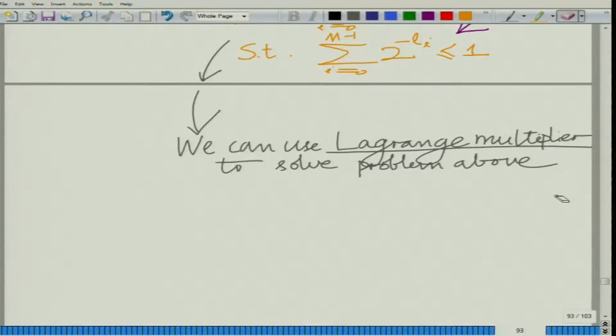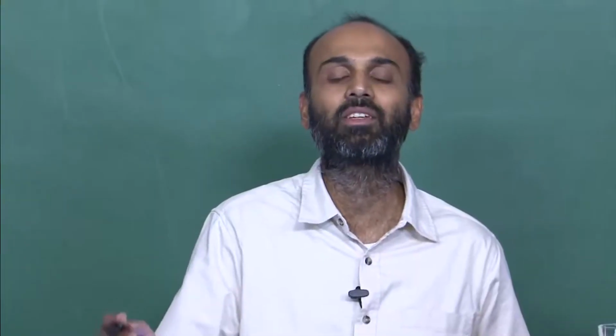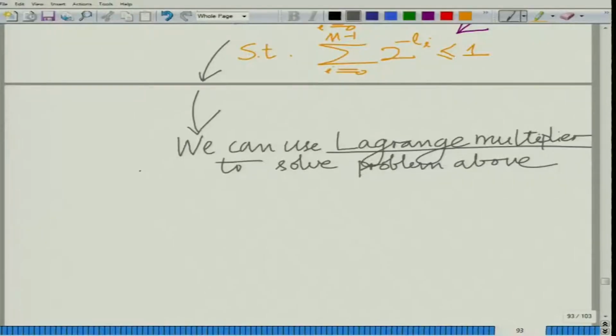The Lagrange multiplier framework is also known as the KKT framework, the Karush-Kuhn-Tucker framework, to solve a constrained optimization problem, which basically uses a Lagrange multiplier.